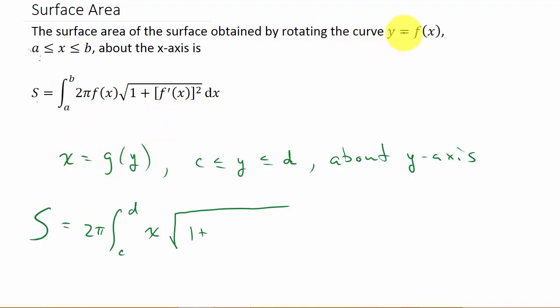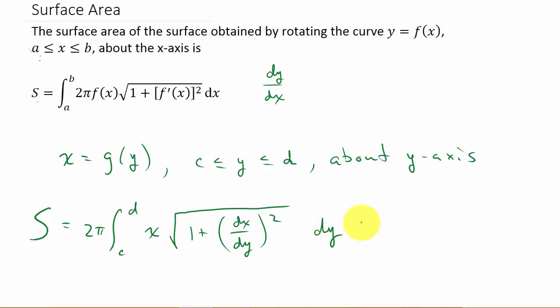Up here in this scenario, your derivative f prime of x is like dy dx. But this time x is equal to something in terms of y, so your derivative is going to be dx dy, the derivative of x with respect to y, and that's squared, and we'll be integrating with respect to y. So it's times the dy.